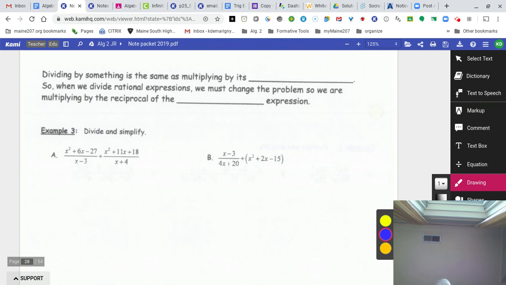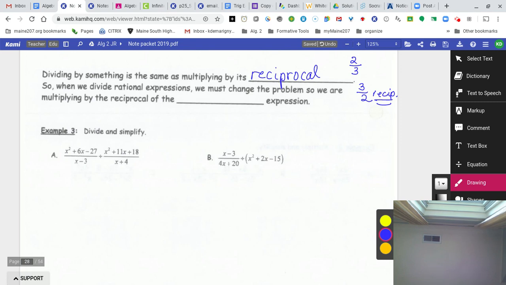So dividing by something is the same as multiplying by its reciprocal. And reciprocal means you're going to flip it upside down. So if I give you a 2/3, its reciprocal is 3 over 2. That is its reciprocal. So when we divide, we actually are multiplying by a reciprocal.